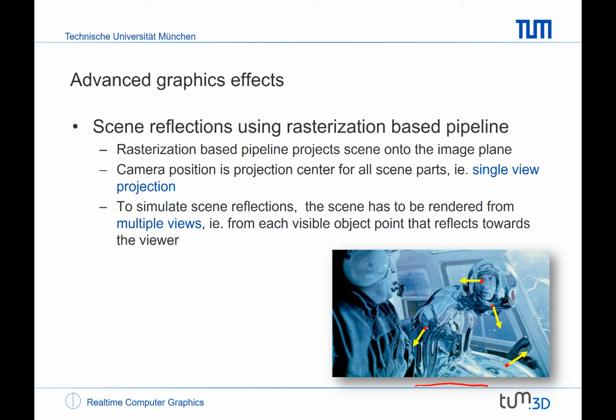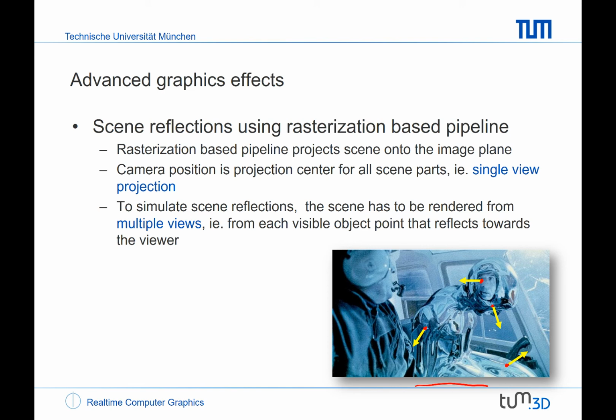And this would mean that for all points seen here of the reflecting object, we would have to determine the reflection vector, and then render the environment from that direction indicated by the reflection vector in order to find the point of the environment that reflects at that reddish point towards the viewer.